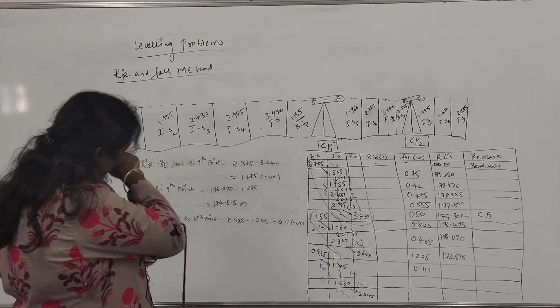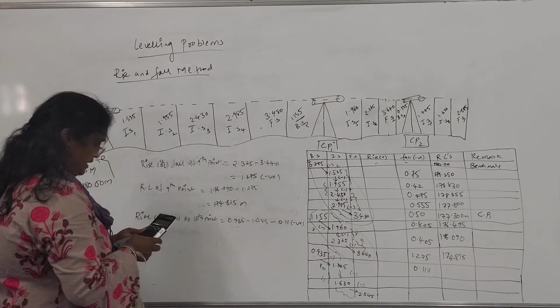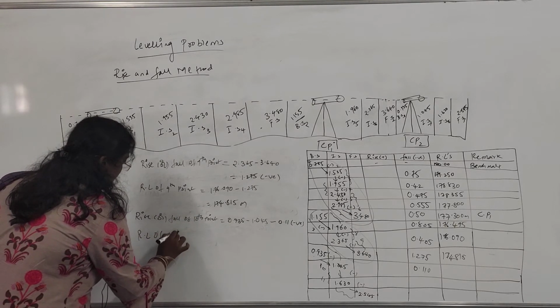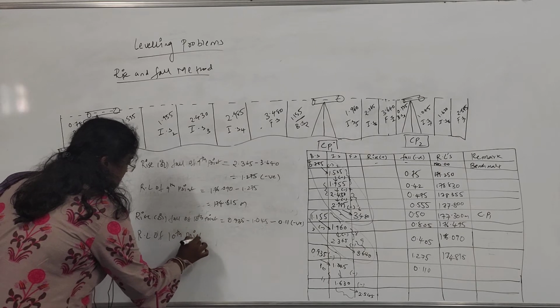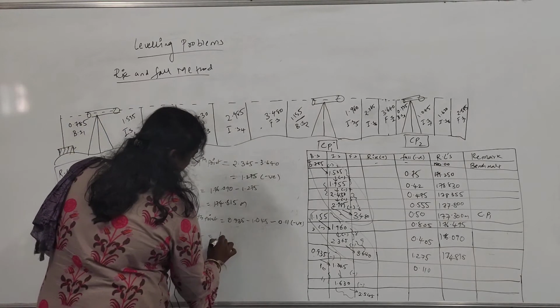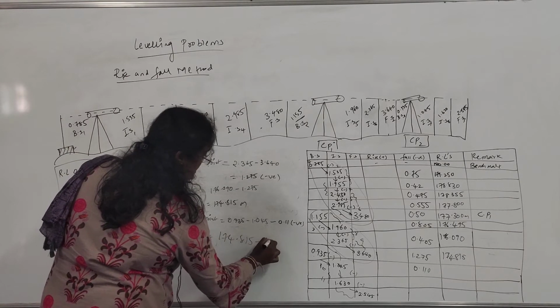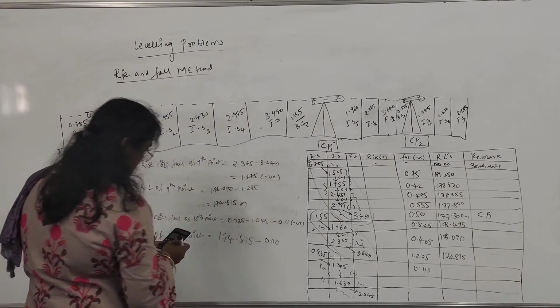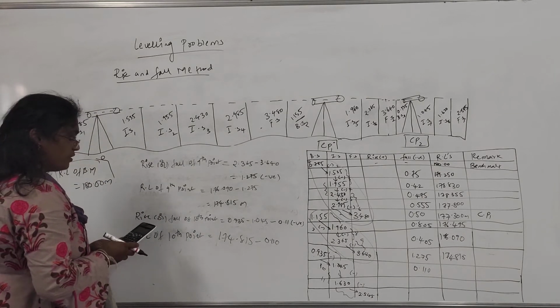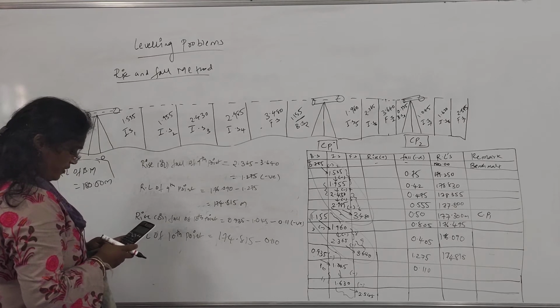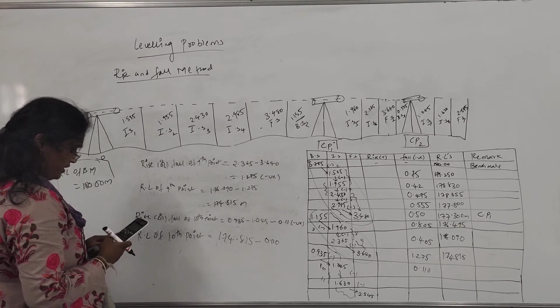Right? RL of the 10th point will give you how much? 174.815 minus 0.110. 174.815 minus 0.11 will give you how much?